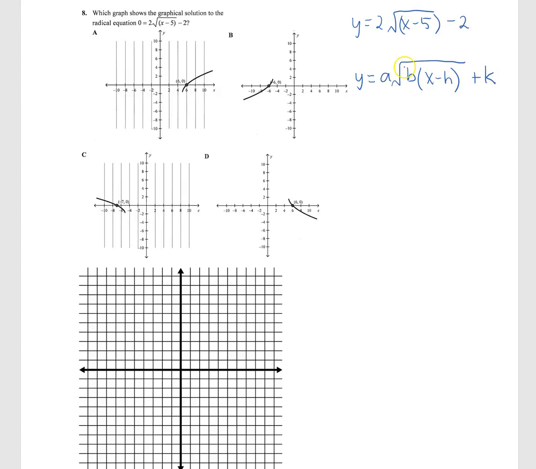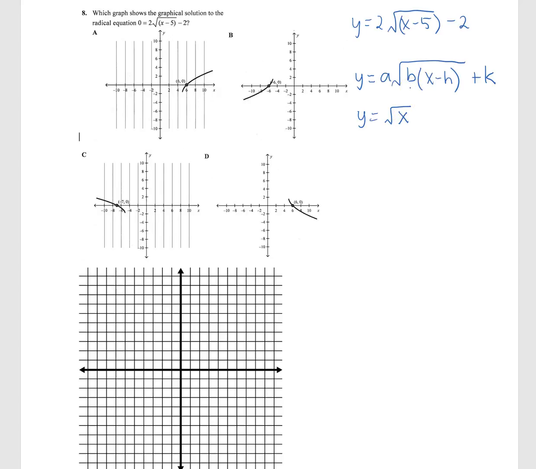And so this general expression, when we compare to the simplest function of this sort, y equals the square root of x, a stretches the simplest function vertically or compresses it vertically, b stretches or compresses horizontally, h moves the function to the left or right, and k moves the function up or down. So taking that into account with the function we have, we can figure out what this function looks like compared to y equals the square root of x.